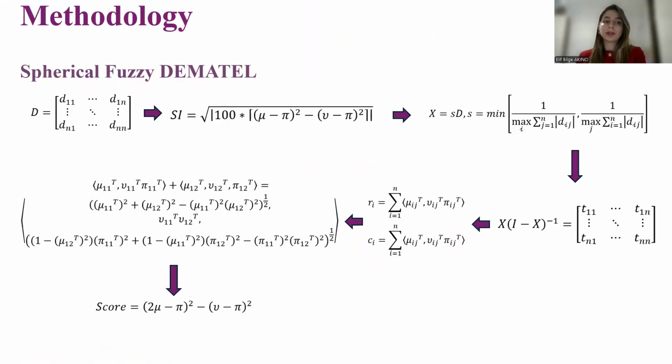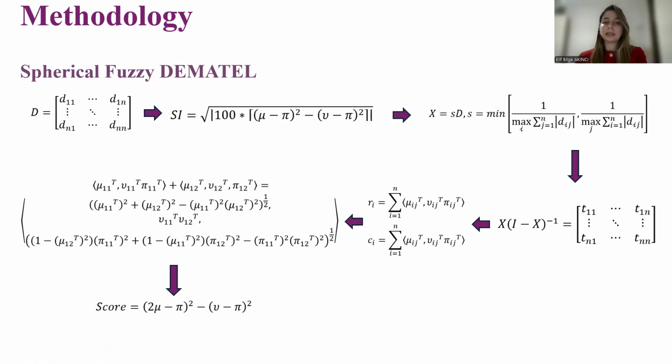It's a methodology, spherical fuzzy DEMATEL steps. We start by defining the initial direct relation matrix using spherical fuzzy numbers. Next, we measure the distance between these fuzzy numbers and convert that value into a clear single score.